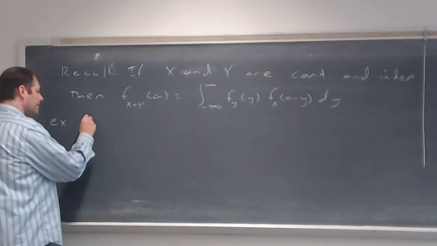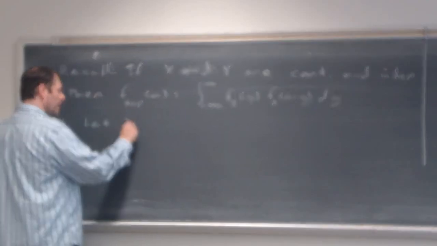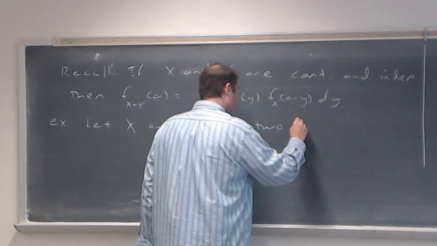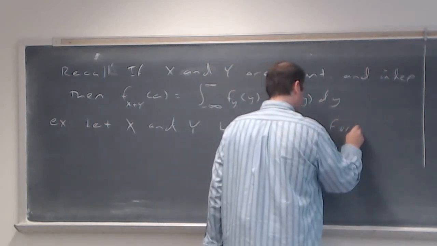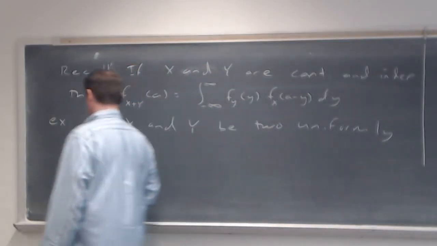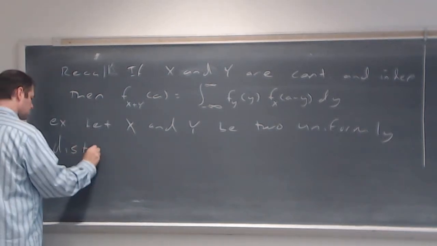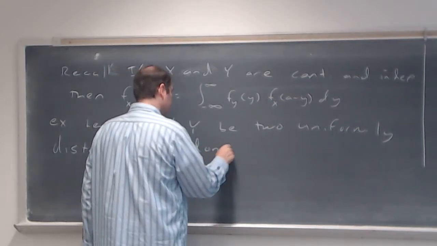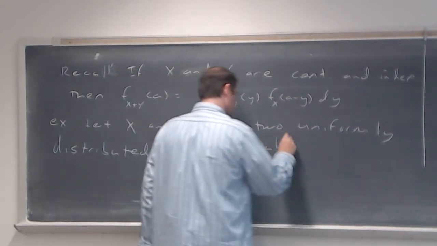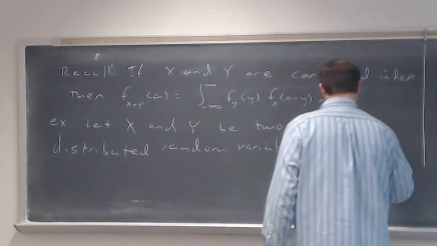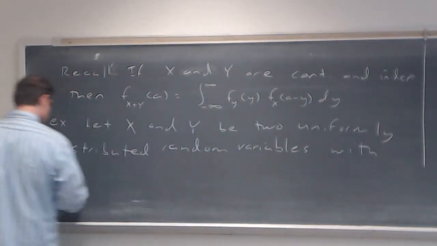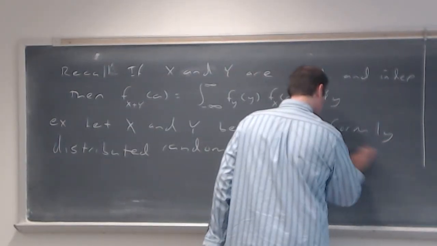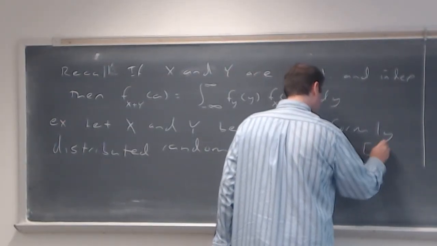As an example to look at, we're going to say let x and y be two uniformly distributed random variables on 0 to 1.